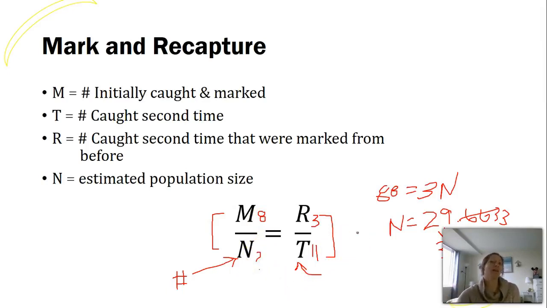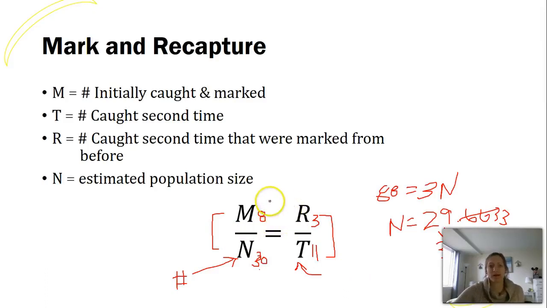How many were there? And here's how much I'm seeing. So in this case, n is 30. This is the same proportion: 3 divided by 11 is the same thing as 8 divided by 30. We're saying that anytime you go out and see some whales, there's a certain percentage that you've already seen before, and we can use that to estimate.